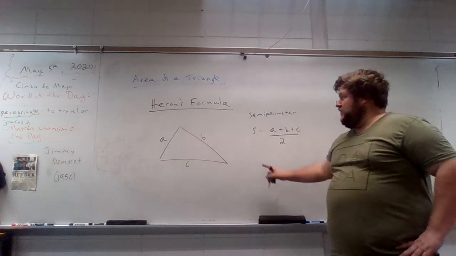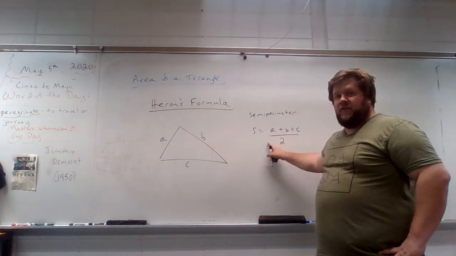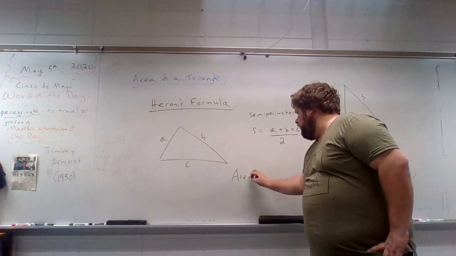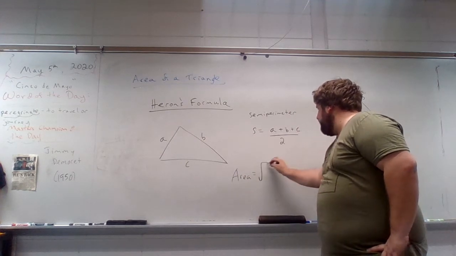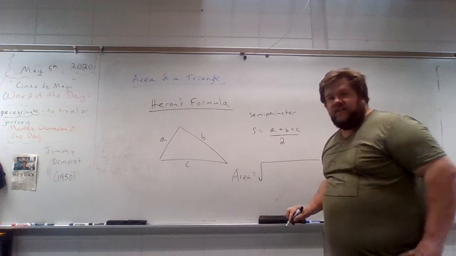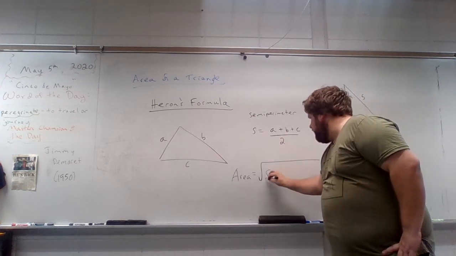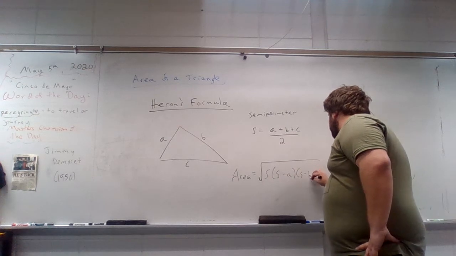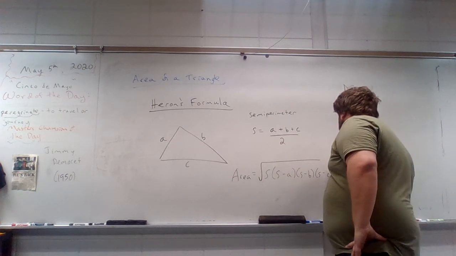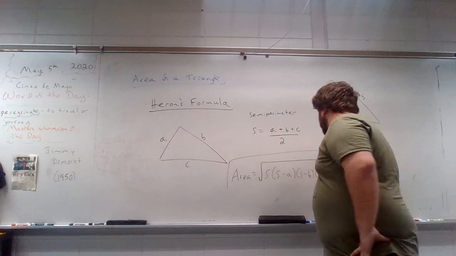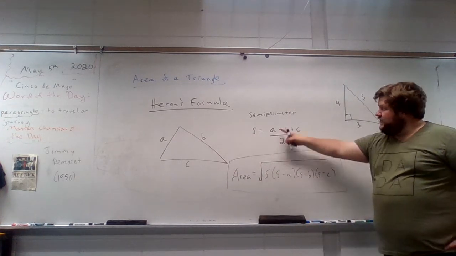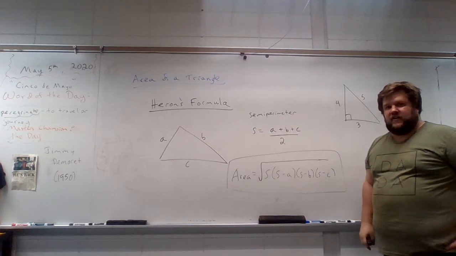I need the semi-perimeter to write down the formula for the area. This is the square root of s times (s minus a) times (s minus b) times (s minus c). And the s there is the semi-perimeter that I've defined here.